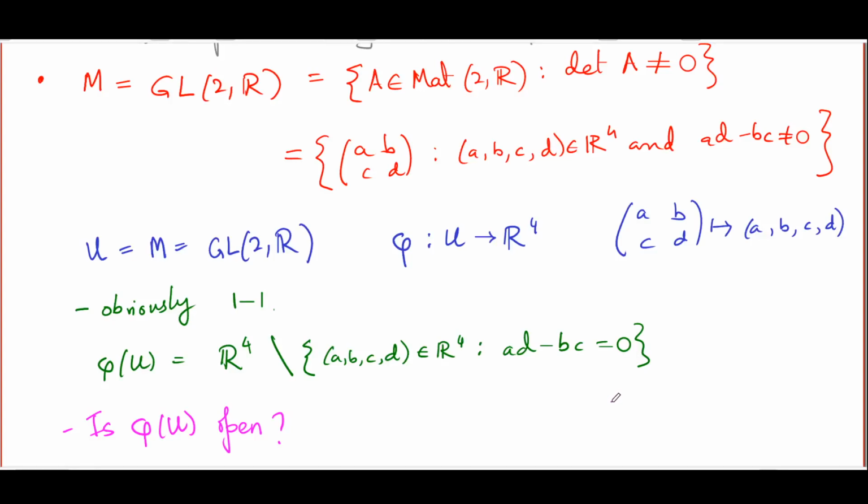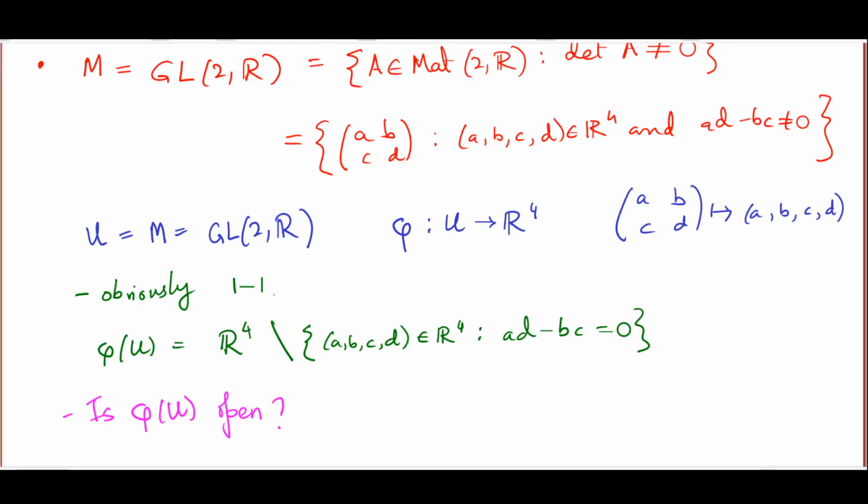Whenever I say phi of U is an open set for a chart in any manifold, open set of Rn that is, I mean that it is open according to the standard topology of Rn. In other words, every point in such a set has to be an interior point. You should be able to put a ball of some finite radius around that point which will be contained entirely inside the set. Is that the case here?